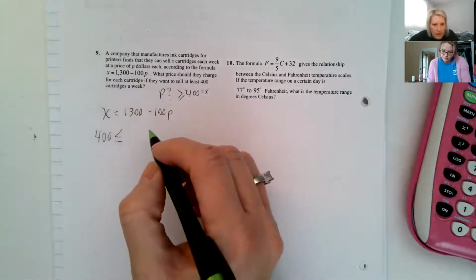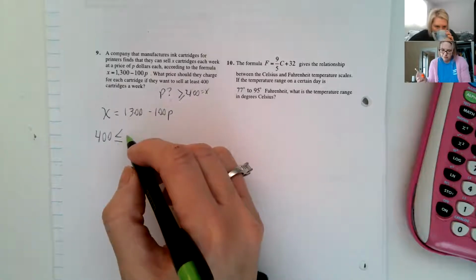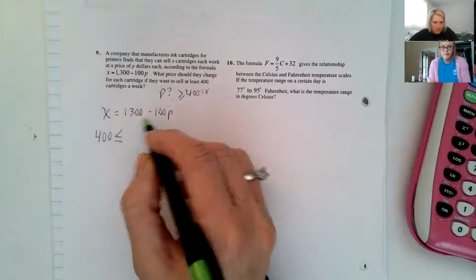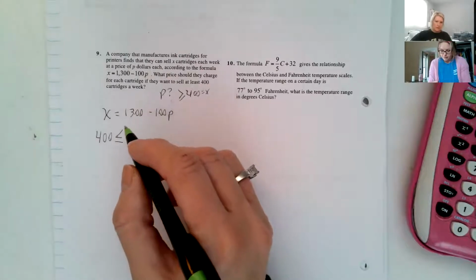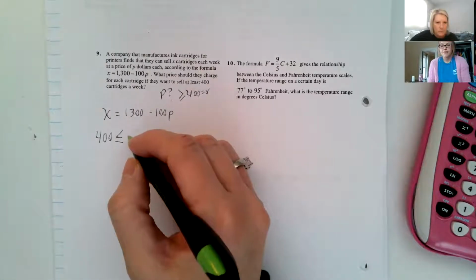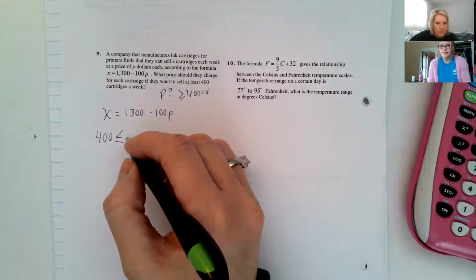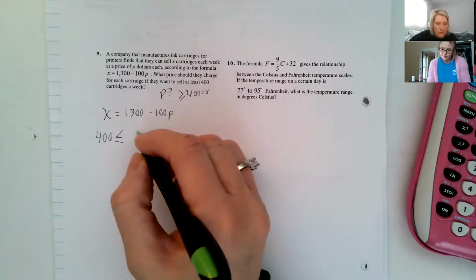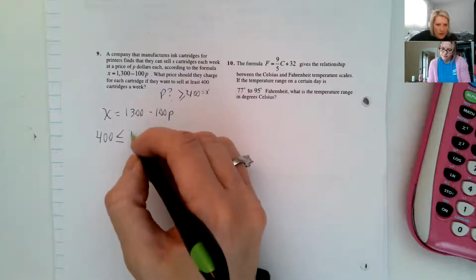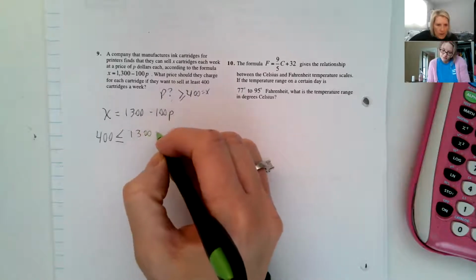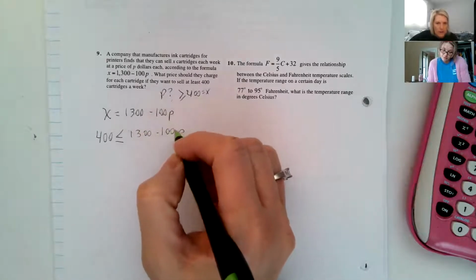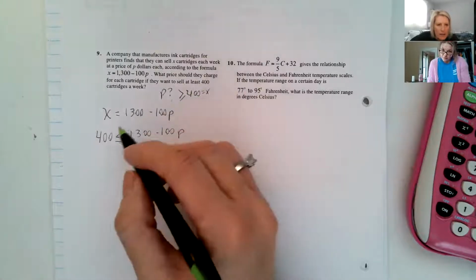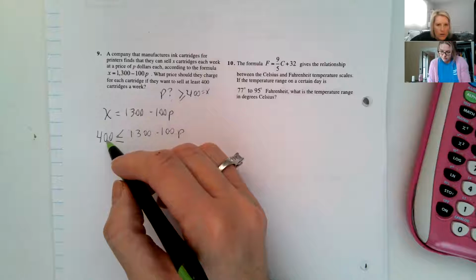So at least 400. The equation is X equals 1300 minus 100P. I'll make sure we have this set up correctly here. We want X to be 400 or more.